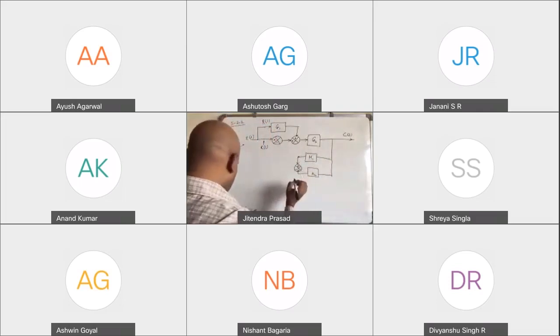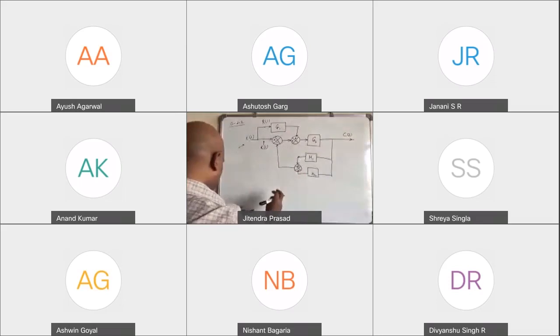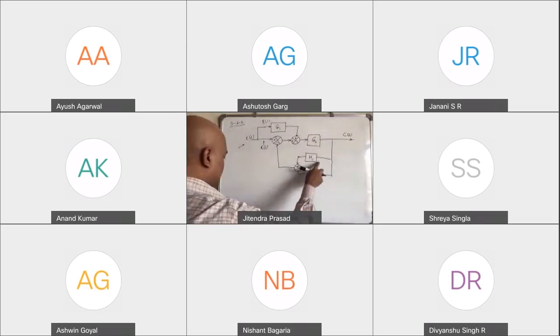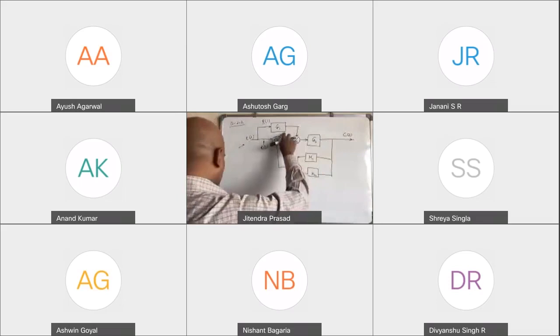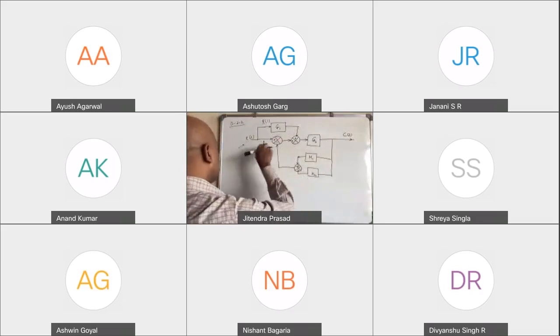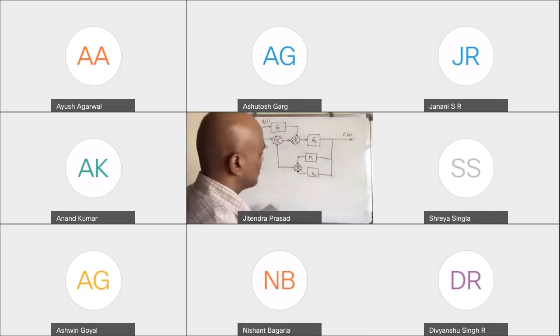Plus minus here, and then it goes to here like this. So H1, H2 with plus minus here, then plus here, G2 here, G1 here, plus minus RS like this. That's all. Okay, we have to find CS over RS. That's what we have to find.